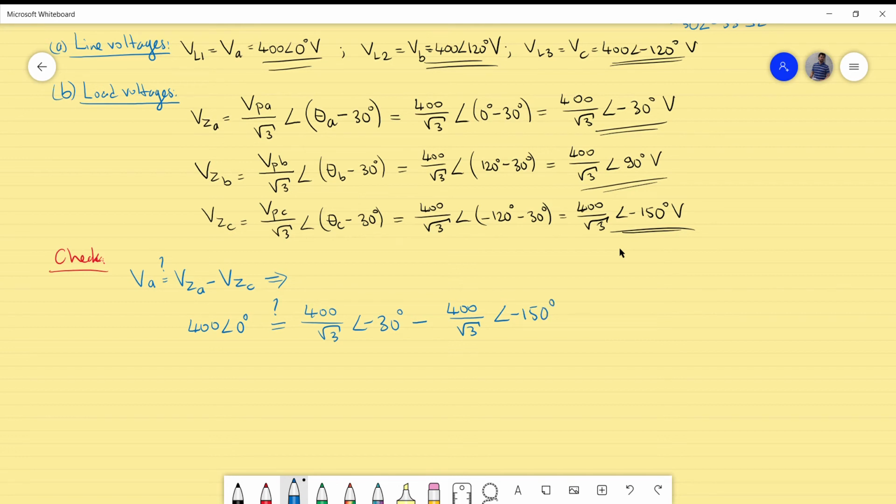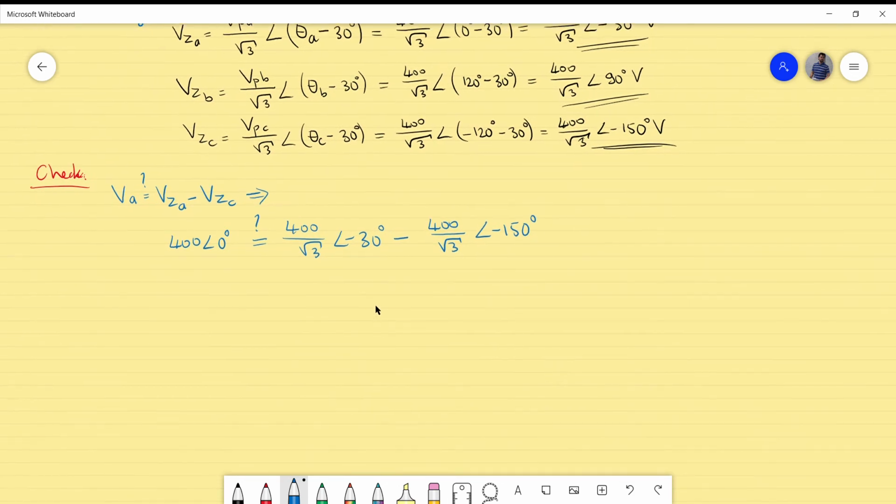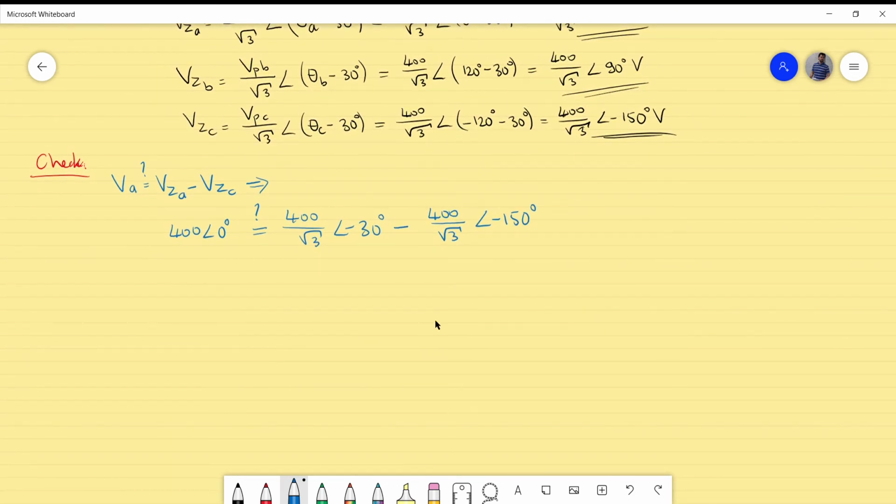Now, we can, of course, use the formulas for converting the polar notation to the rectangular notation, because we want to add or subtract. It doesn't matter, the same principle with a minus sign. So I will do it also step by step, just to illustrate the formula. So what do we have? We have the 400 divided by square root of 3, and I will take in the brackets the cosine of the angle, which is minus 30 degrees, plus j sine of the minus 30 degrees, again same phase.